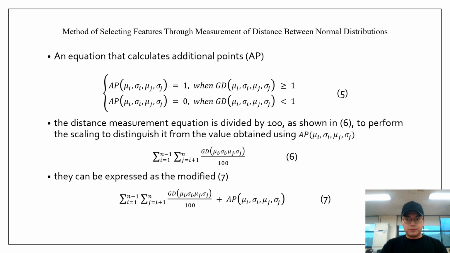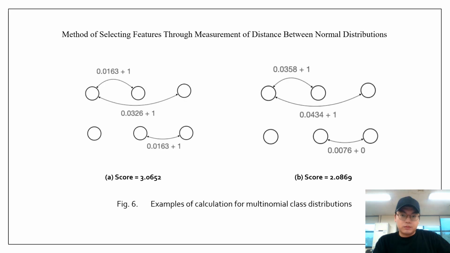If 5 and 6 are combined, they can be expressed as the modified equation 7. To calculate 7, the square of figure 5a is about 3.07, and that of figure 5b is about 2.09. Therefore, if 7 is used, it is determined that A is a better feature.